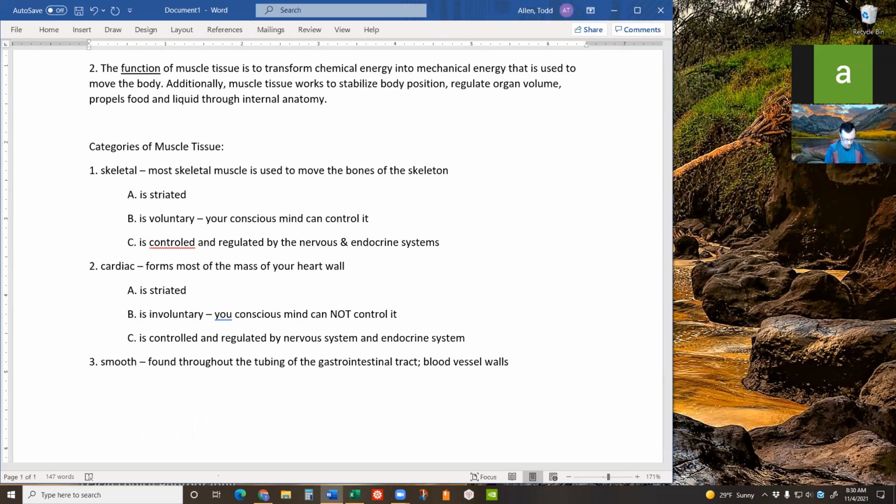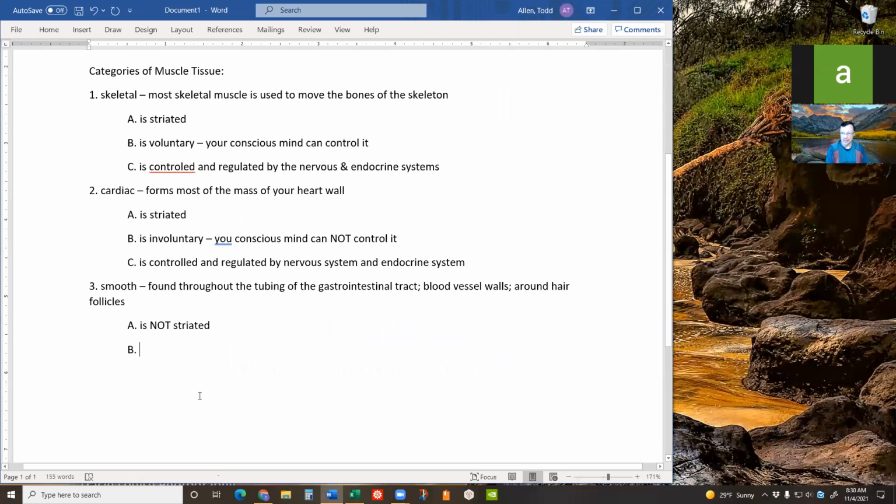Also going to be found around the hair follicles embedded in the dermal layer of your skin. Okay, so it's found throughout your body. Smooth muscle tissue is not striated. Smooth muscle tissue is involuntary. Okay, you cannot control it. And smooth muscle tissue is controlled by nervous and endocrine systems.